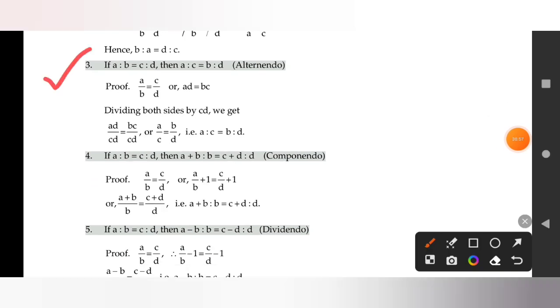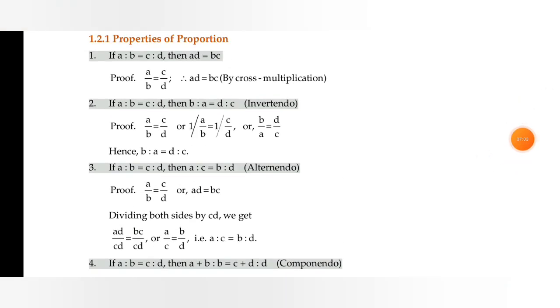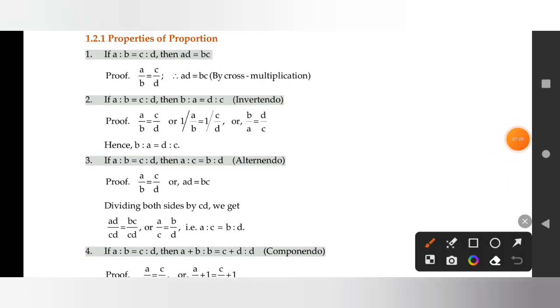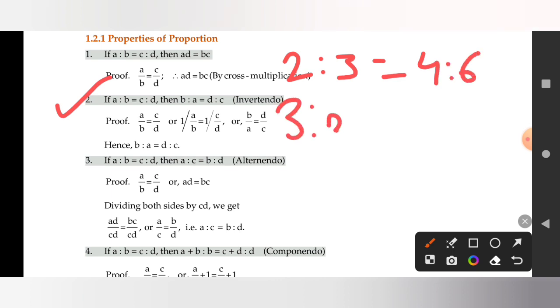With the help of example, 2 is to 3 is equals to 4 is to 6. So 3 is to 2 is also equals to 6 is to 4.